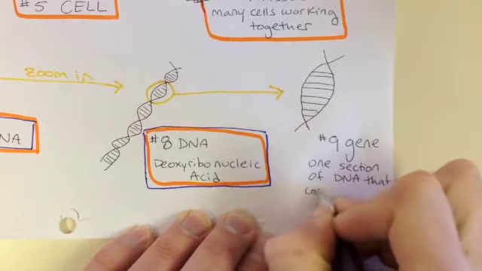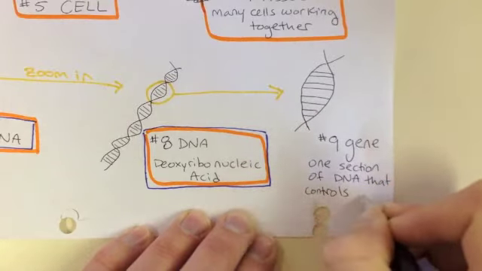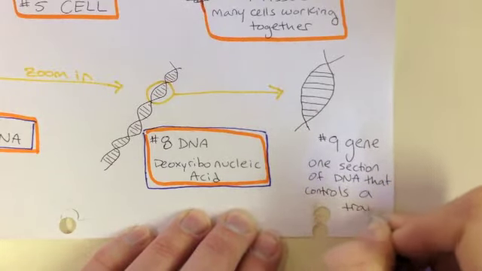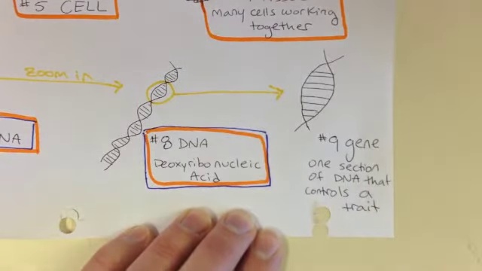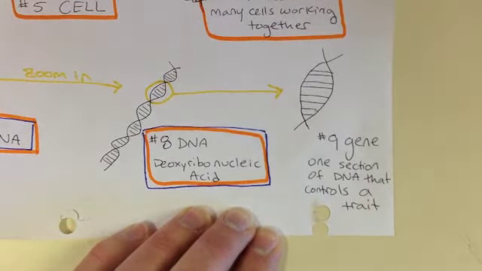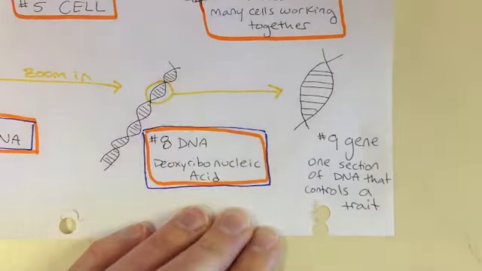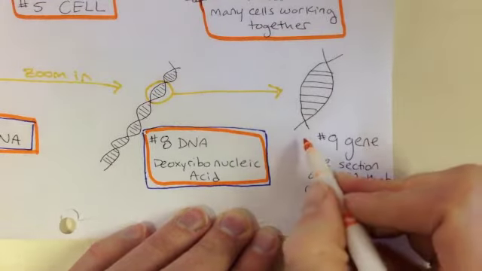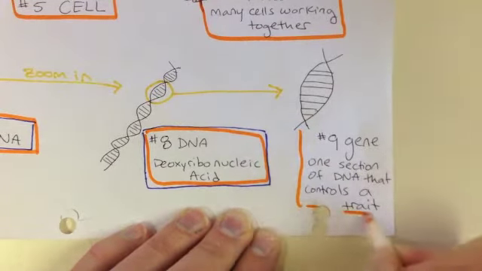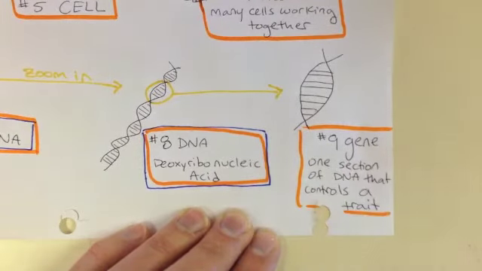that controls a trait like hair color or eye color or height, how tall you're going to be. Each specific section of DNA controls one trait, one thing about you. So that is our level of organization and our example all in one.